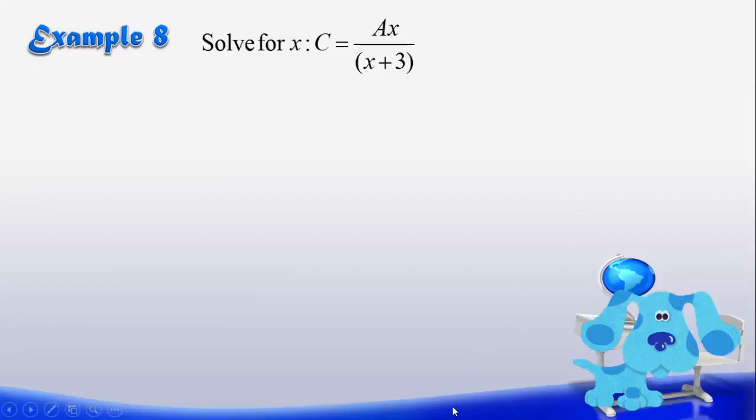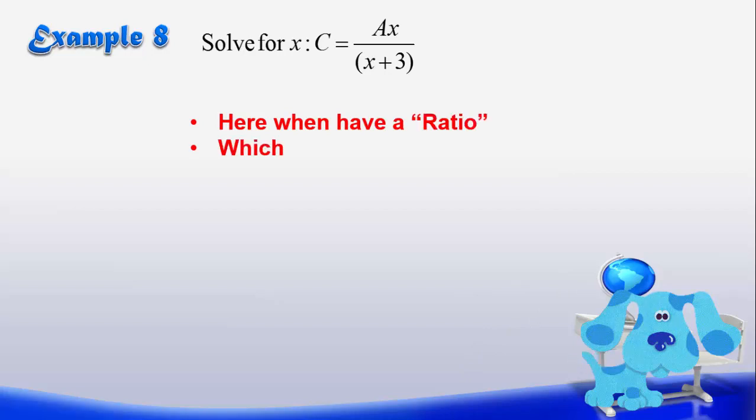Reviewing what we just did on the whiteboard, here we have a ratio. So this means that we can cross multiply, or we can clear the denominator if we like. But in this case on the whiteboard, I used cross multiplication because it's easier and quicker for this particular example.